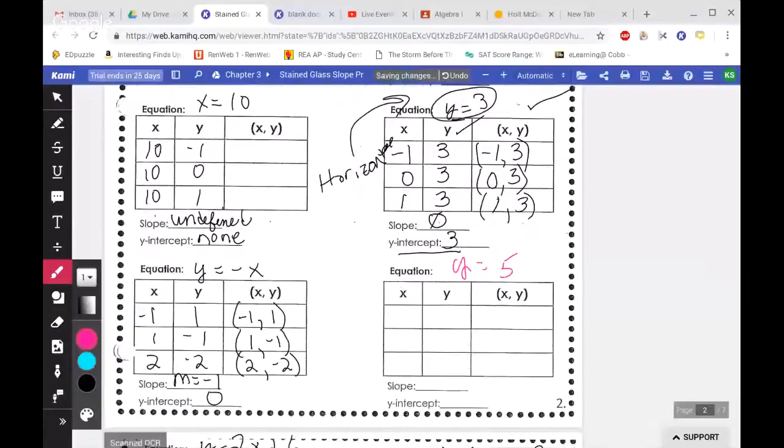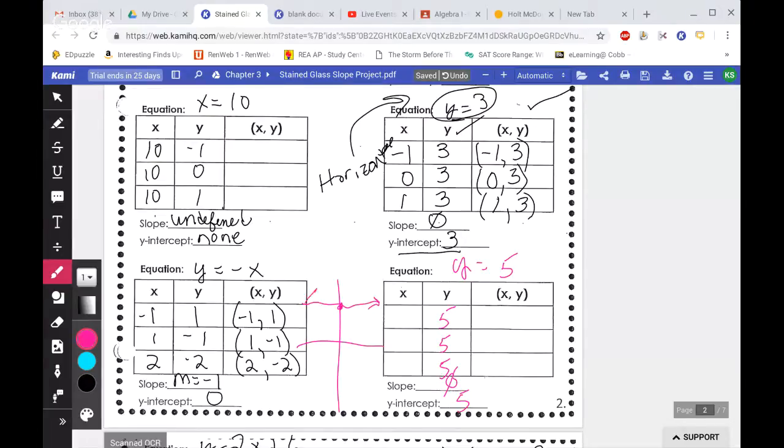Okay, so y equals 5. The y is going to be 5 all the way down. This is a horizontal line, okay? So all horizontal lines have a slope of 0. The y-intercept is going to be 5 because every single one, okay, so 5 is about right here.